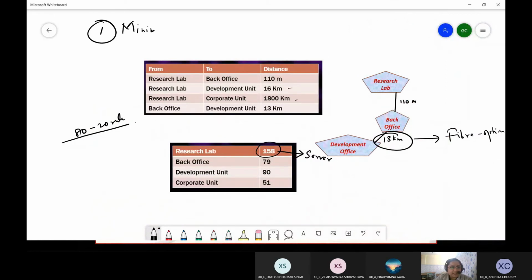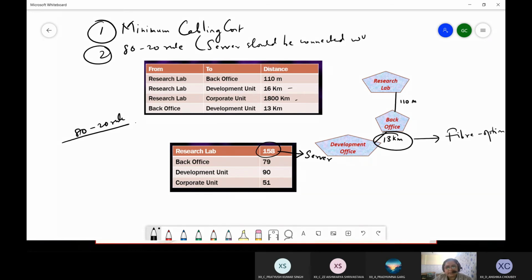minimum cabling cost. This is the first point, that you have to keep the cabling cost minimum. Second, 80-20 rule has to be kept in mind, that is server should be connected with all buildings or all blocks, right?